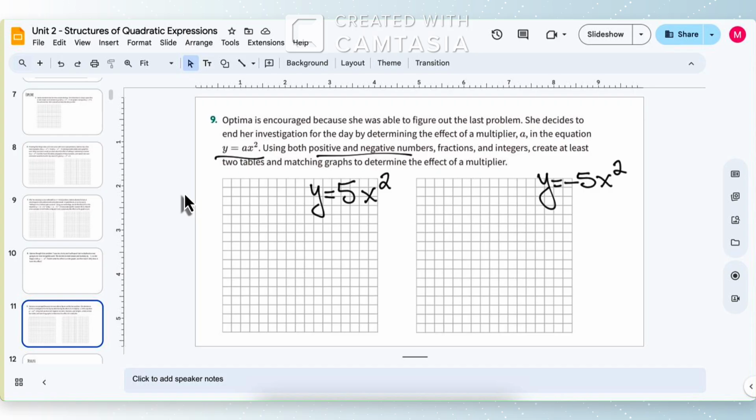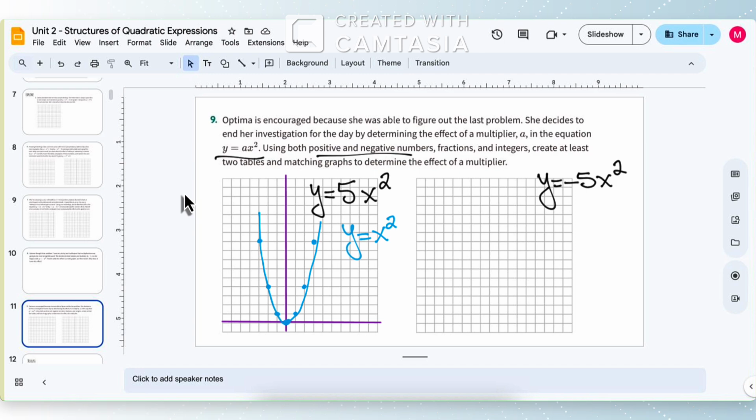In this case, if I throw my parent graph on here, and my parent, remember, is y equals x squared, we could graph through our origin, over 1 up 1, over 2 up 4, over 3 up 9. On the left, I'm going to do the same values. And then I've got my parent graph that I should be getting really good at recognizing.